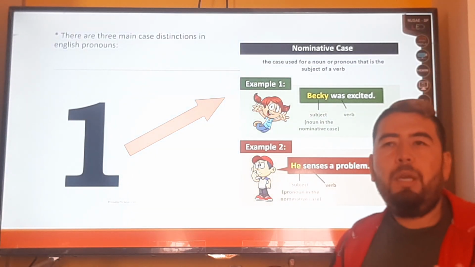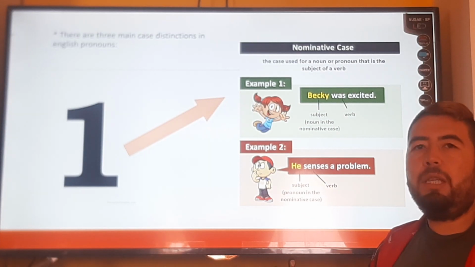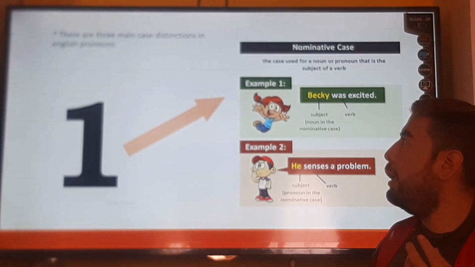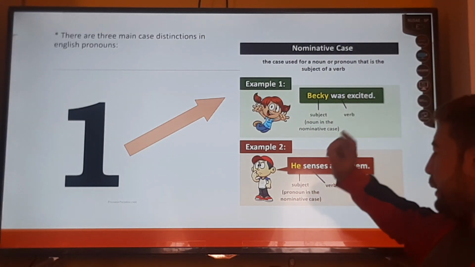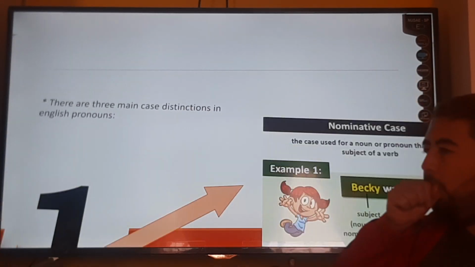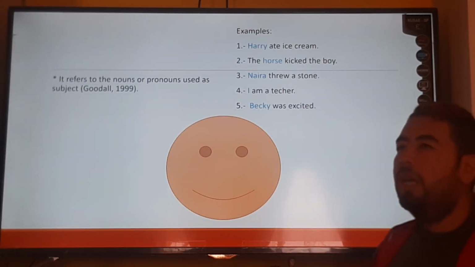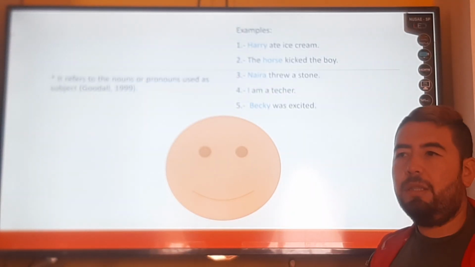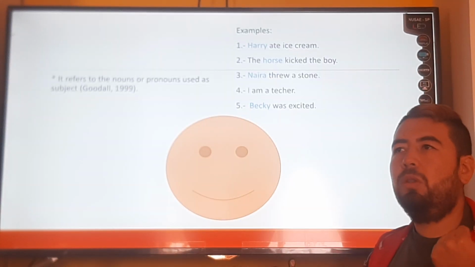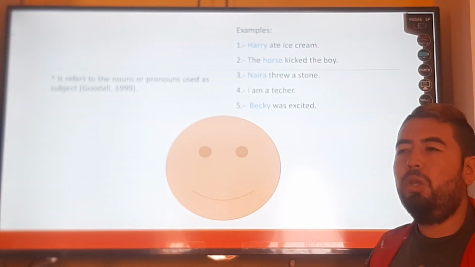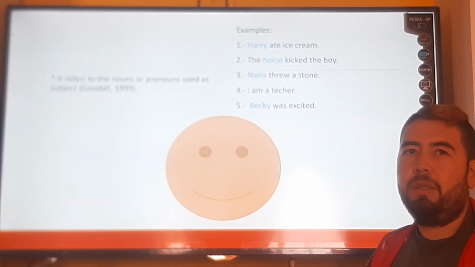There are three main cases in English pronouns. The first is the nominative case. The nominative case refers to when pronouns or nouns are used as a subject.